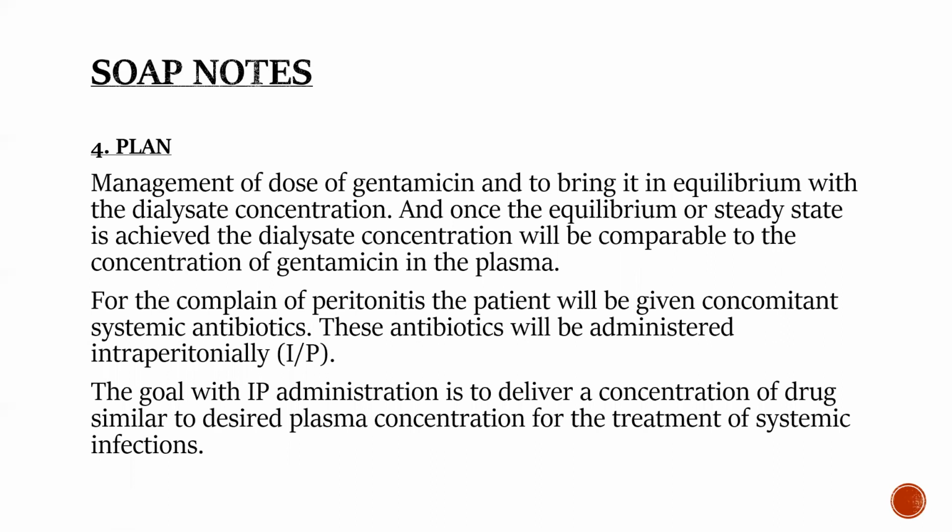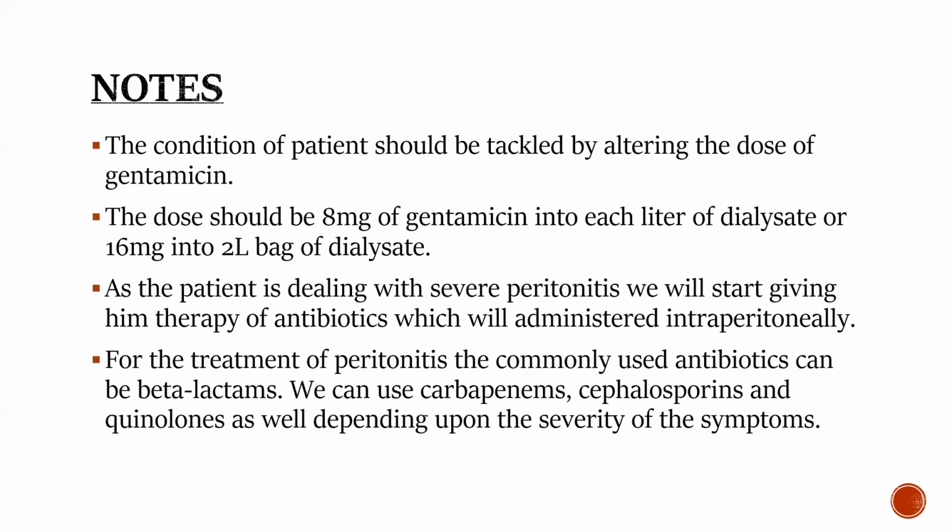Plan. First of all, we will manage the dose of gentamicin so that this dose becomes equilibrium to the dialysate concentration. Then, as the patient was complaining about peritonitis, we will start giving the patient antibiotics and this will be administered intraperitoneally. Notes.